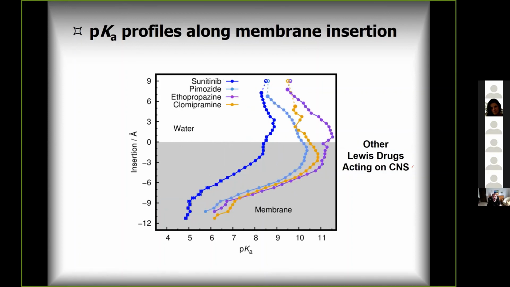And this is just a slide that shows you that this is not exclusive to chemotherapeutics. There are other drugs, some of them like antipsychotics and other central nervous system drugs that are required to cross the blood-brain barrier.